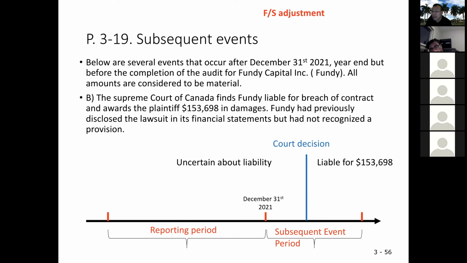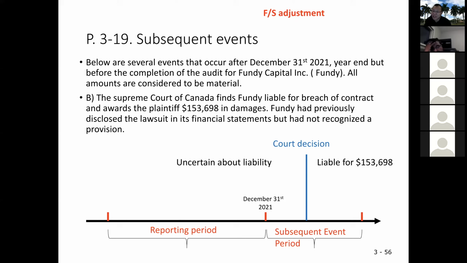You cannot measure it because you don't have that information. So if the court decision happened after the signature date, you can only disclose it. All right, thank you so much.